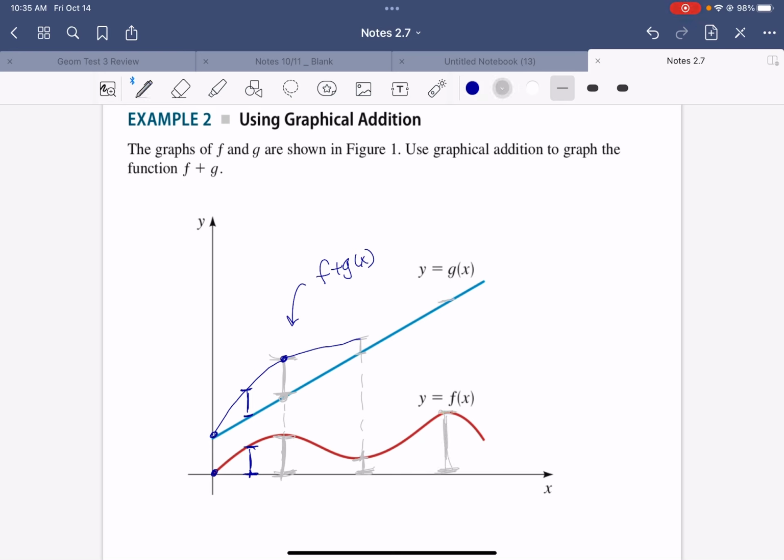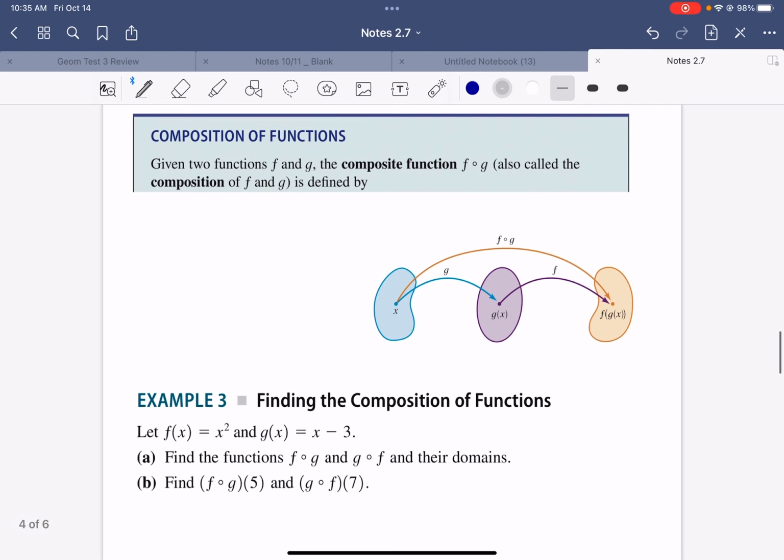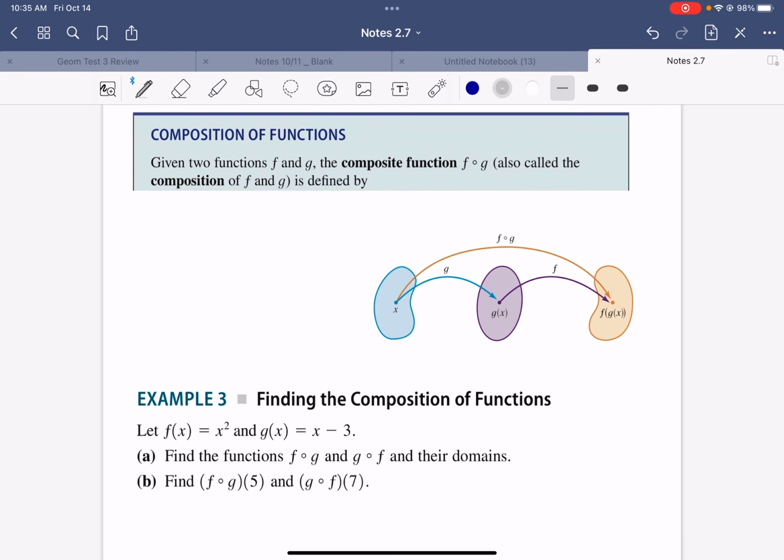So I need to add that much right here. There's going to be another peak right there. That should be the same amount. It's going to go up to that peak right there and then come back down. So it looks something like that. So you're just adding the heights together. Cool. All right. So now we've made new functions by adding, subtracting, multiplying, and dividing.